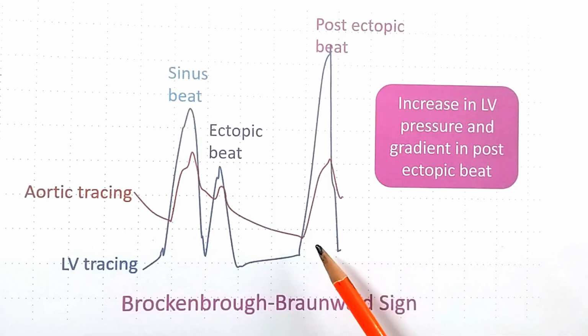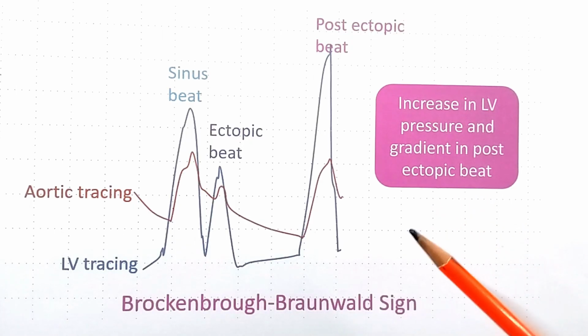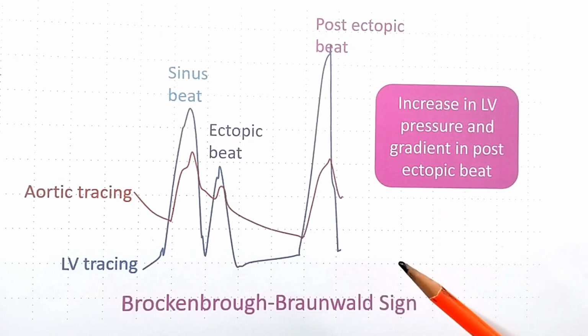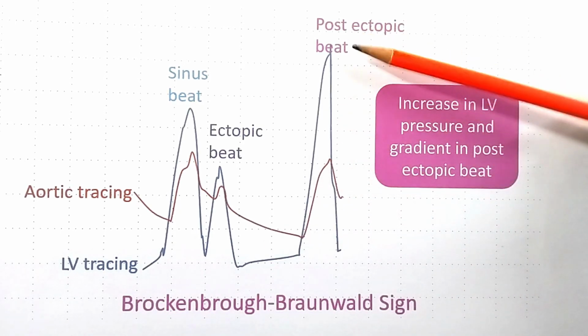And the post-ectopic beat also has higher inotropy because of the increased filling and diastolic volume. What happens is that when there is increased inotropy, there is increase in the left ventricular outflow tract obstruction. So that produces a higher gradient.